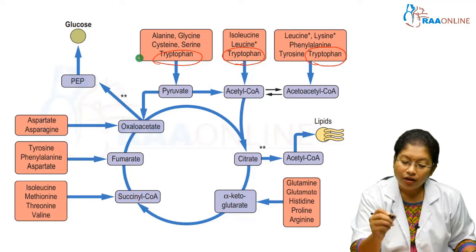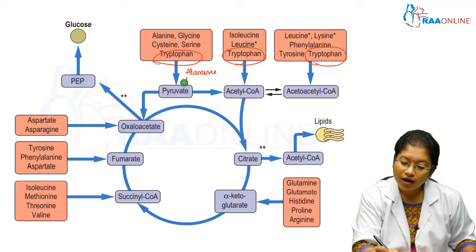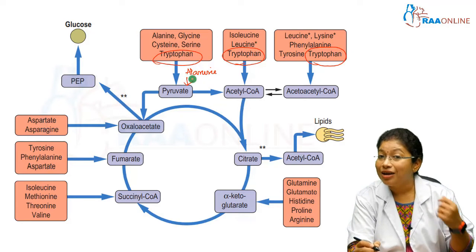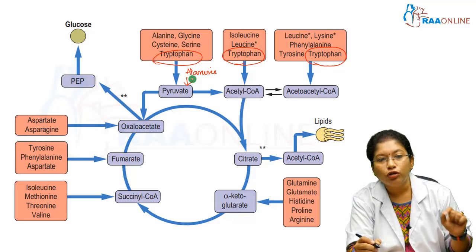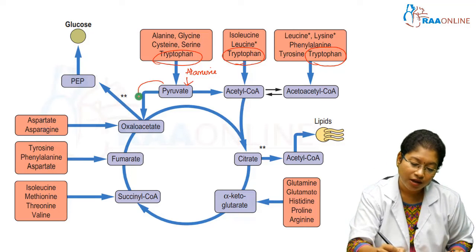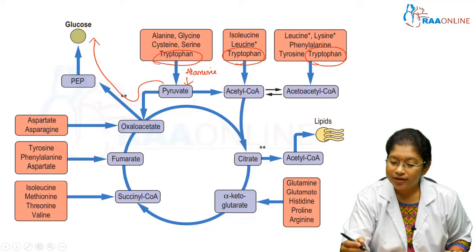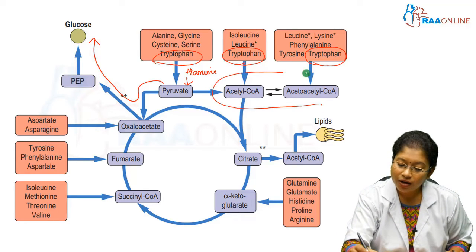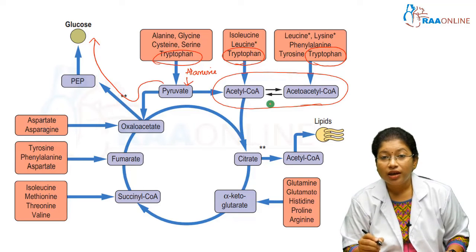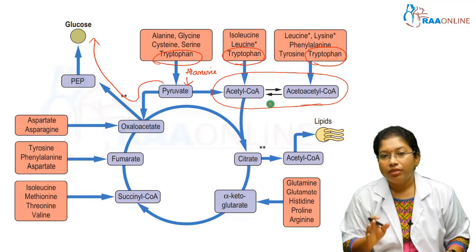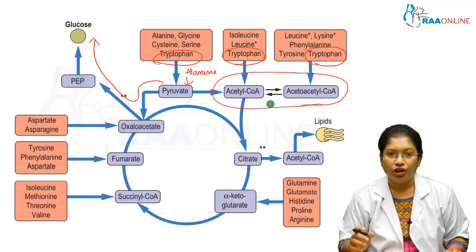Tryptophan can give alanine, which is converted to pyruvate by a transamination reaction, and it can enter the gluconeogenesis pathway. You can see here also that tryptophan can give acetoacetyl-CoA, which is a ketone body. That is why tryptophan is both glucogenic and ketogenic.